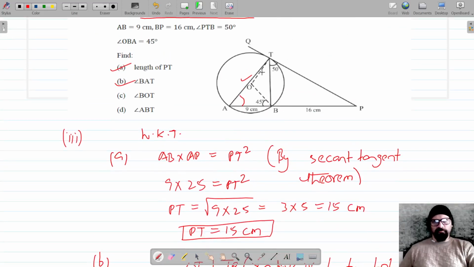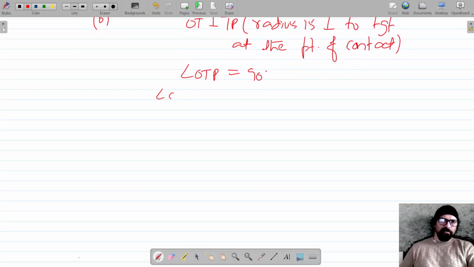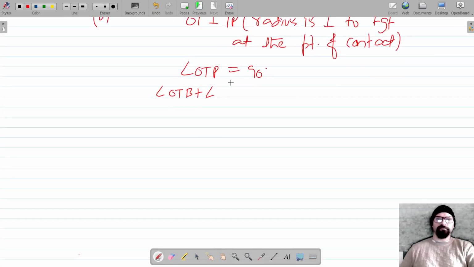Now OTP is made of angle OTB and angle BTP. So I can write it as angle OTB plus angle BTP is equal to 90 degrees.